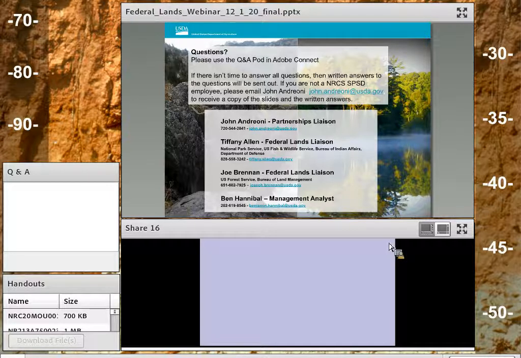I'm going to go first with the first question that I think hasn't gotten an answer yet, which is from Gustavo. And this, I think, is a question for both Joe and Tiffany. The question is, can state soil staff or soil survey staff conduct technical soil services to other federal agencies without any agreement or payment? This is Tiffany.